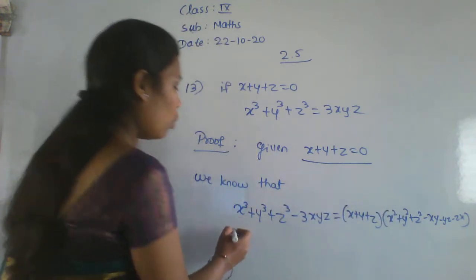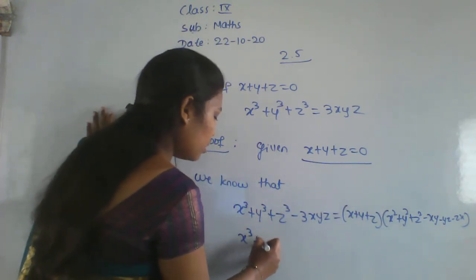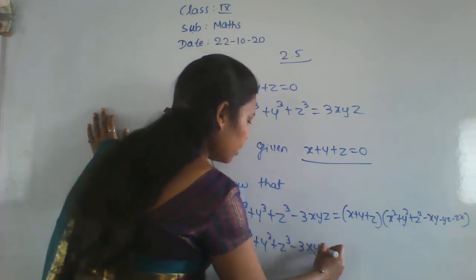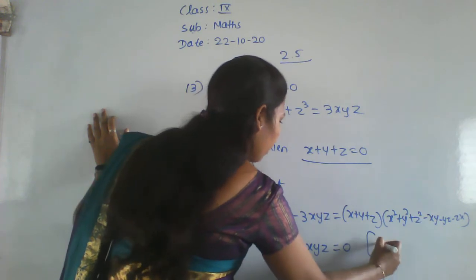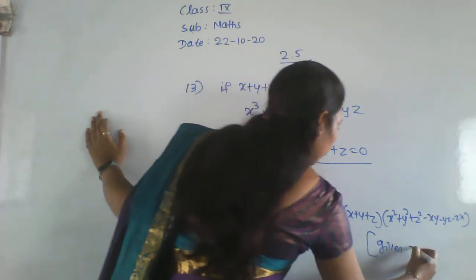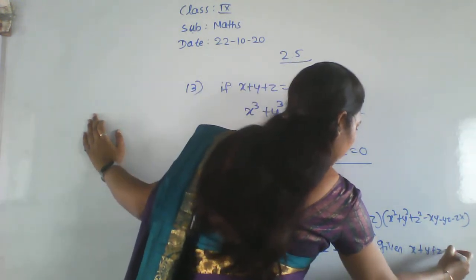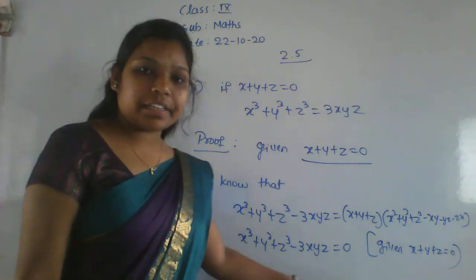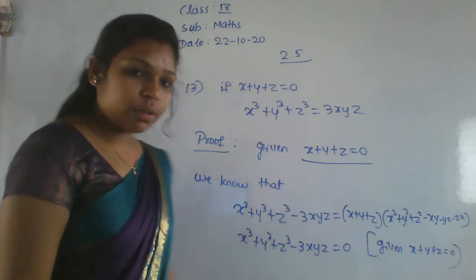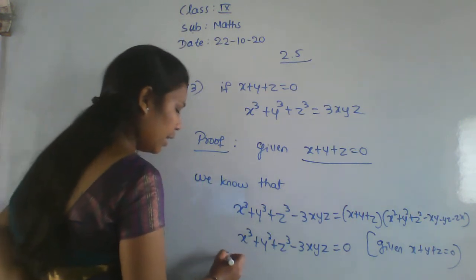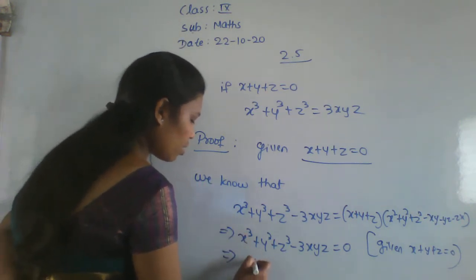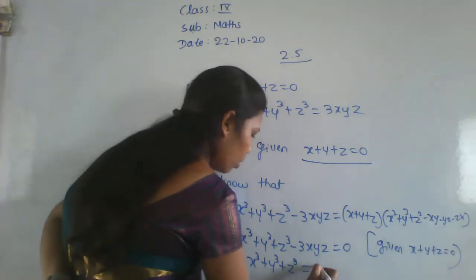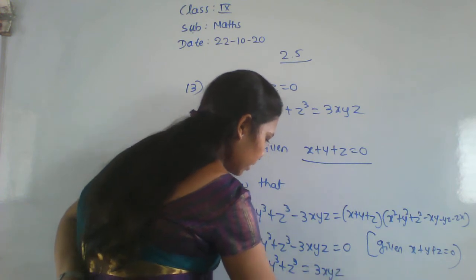So write here 0. That is x cube plus y cube plus z cube minus 3xyz is equal to 0, because given x plus y plus z is equal to 0. Then we can write from this one, x cube plus y cube plus z cube is equal to 3xyz.